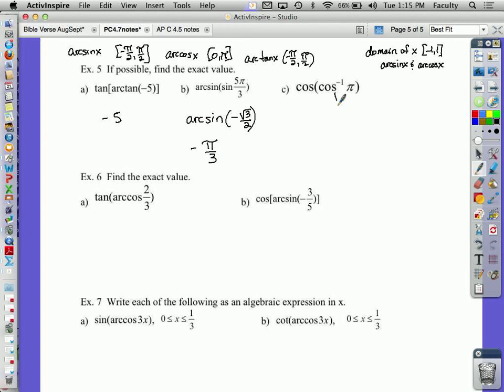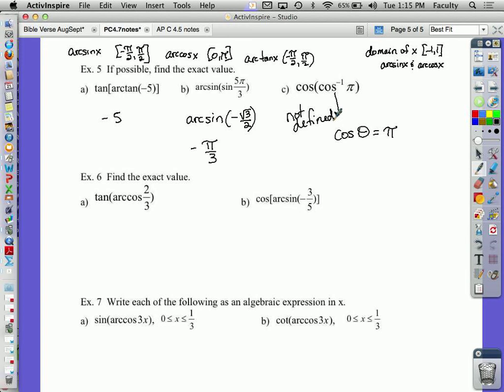Because really, if you just look at this piece, this is saying the cosine of what angle is pi? And so here's where this piece was coming from up here. You can't get cosine of theta to spit out 3.14. It's only going to give you between negative 1 and 1. So this one is not defined. It's not possible to do. Okay?